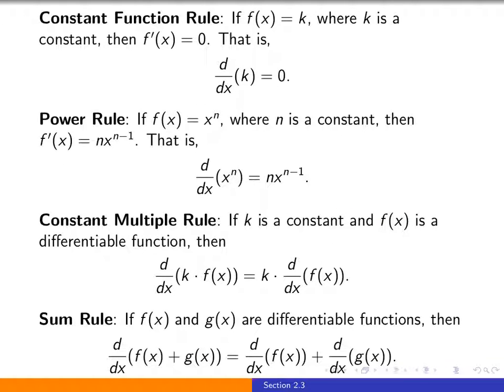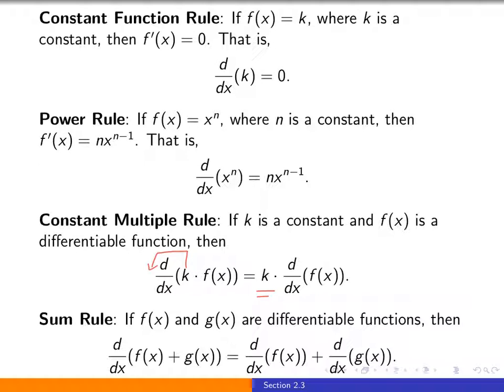Now, two more basic rules are the constant multiple rule and the sum rule. The constant multiple rule very simply tells us if we have the derivative of a constant times a function, you can pull the constant out in front of the derivative.